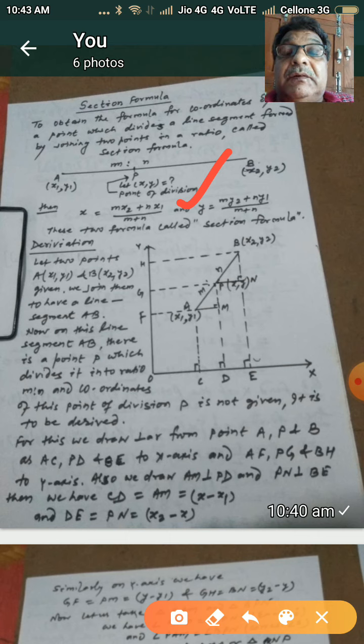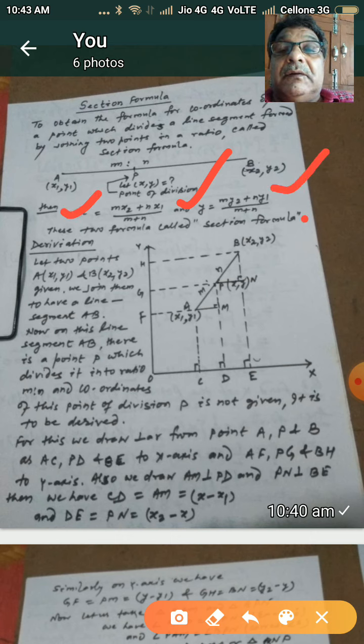We have supposed its coordinate as (x, y), and this point P is dividing the line segment AB, obtained by joining two points A with coordinates (x1, y1) and B with coordinates (x2, y2), in the ratio m is to n. So our topic is how we can find the coordinates of this point of division P, which presently we have supposed as x and y.